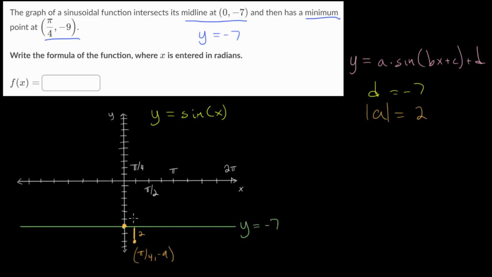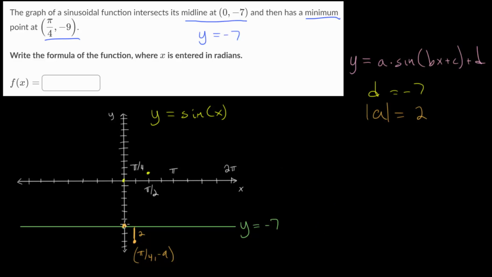In fact, if the function is reflected across this midline, then a would be a negative value. So what we really know from this is that the absolute value of a is equal to 2. And for us to determine if a is positive or negative, we need to consider whether or not this function is reflected. And in this case, it actually is, since for the sine function, if we look at its parent function, it starts by going through the midline and then going up to its maximum.